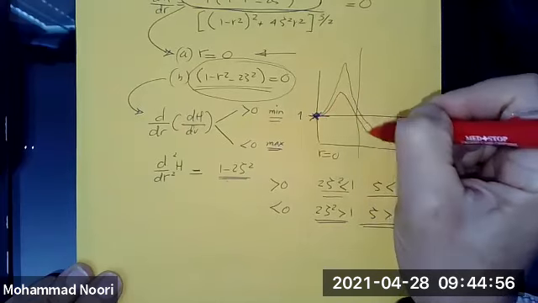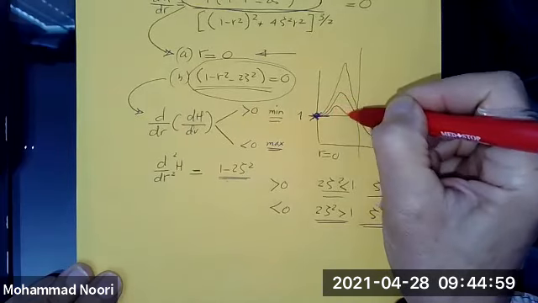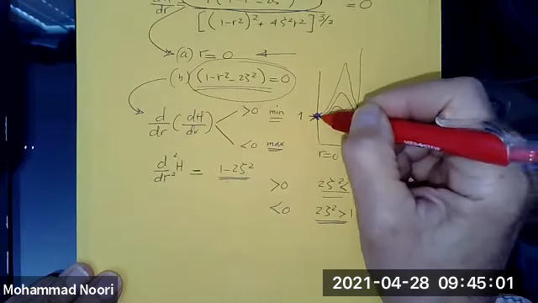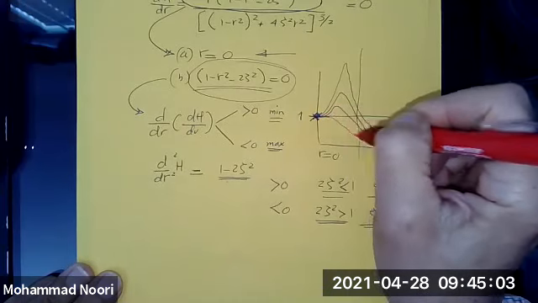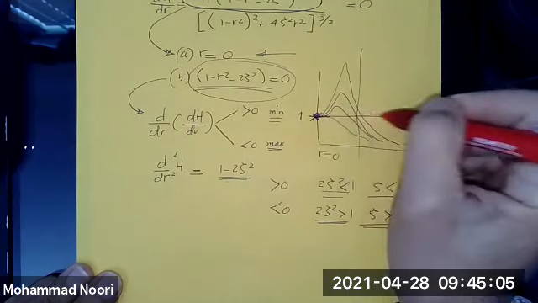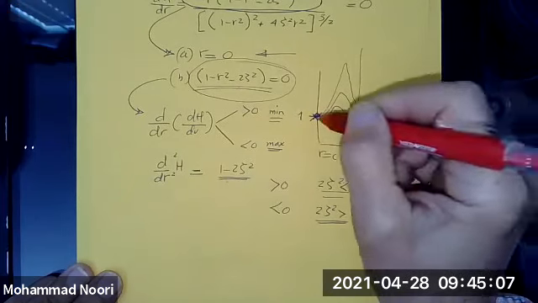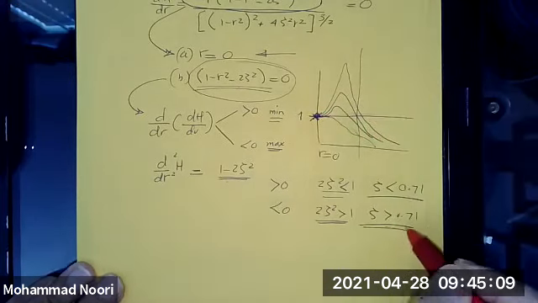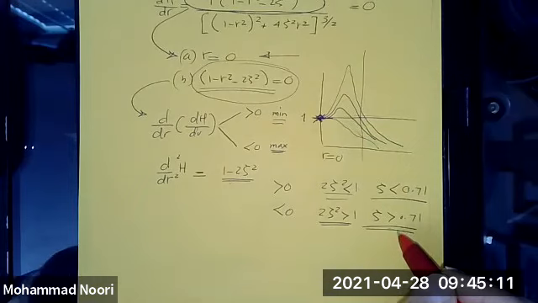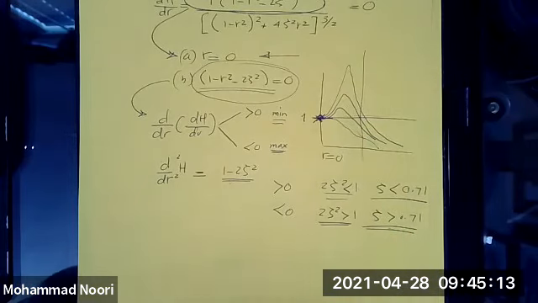You have all these peaks. The minimum value, which is when this falls below this, would only happen when zeta is greater than 0.71. So we demonstrated why this thing happens.